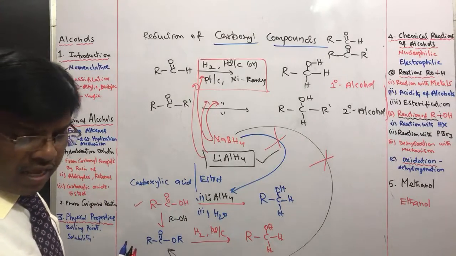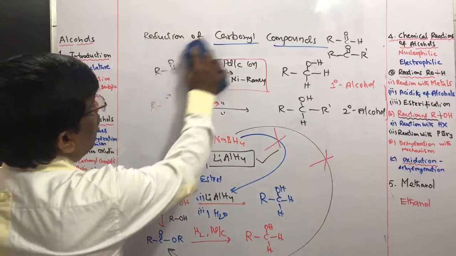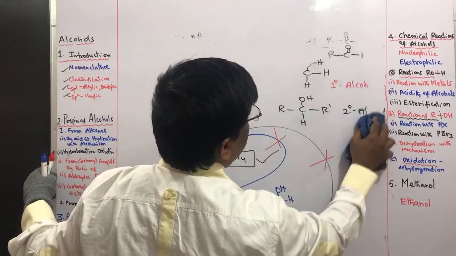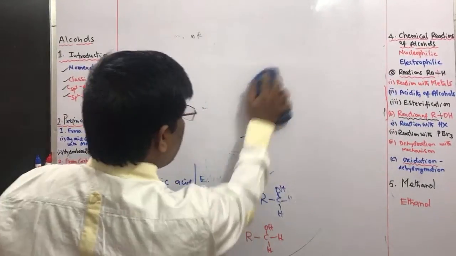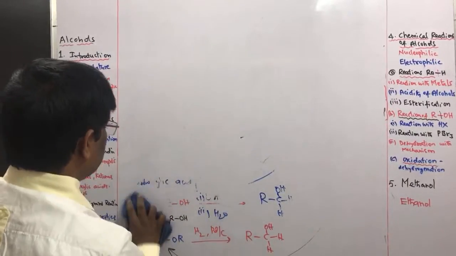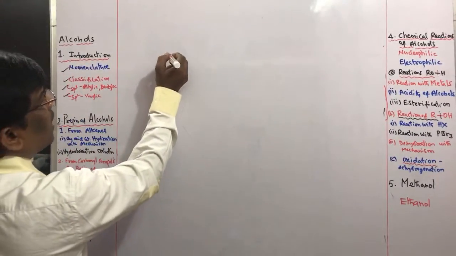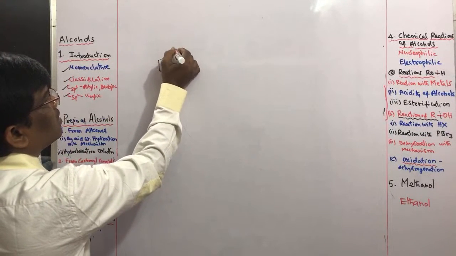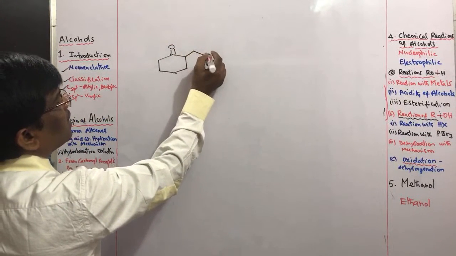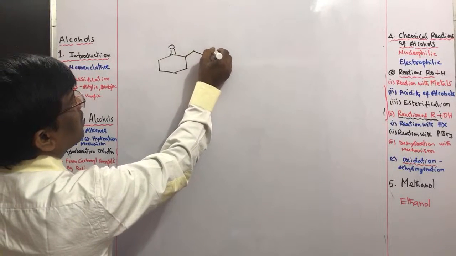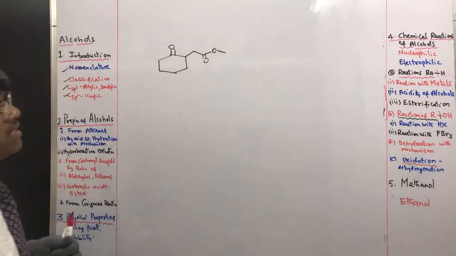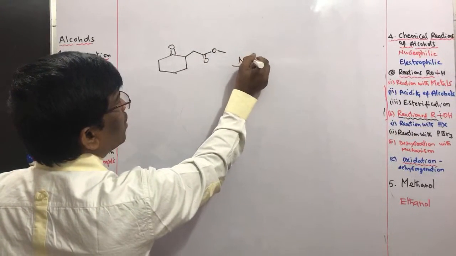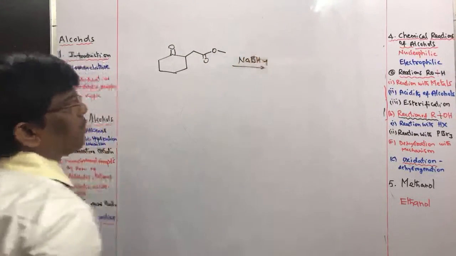Now let me give one example and see how far you understand the reduction of carbonyl compounds with sodium borohydride and other reducing agents. For example, if I give this compound, try to answer, with a carbonyl here and an O-methyl ester, and if I reduce it with sodium borohydride, what is the product?